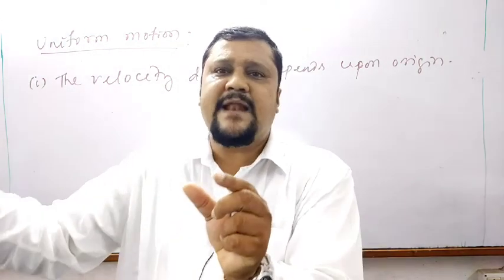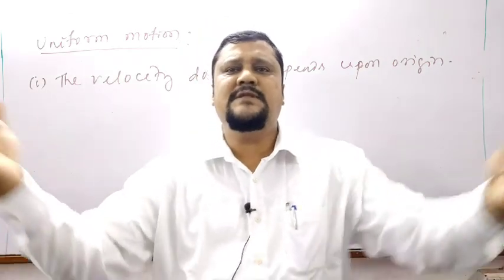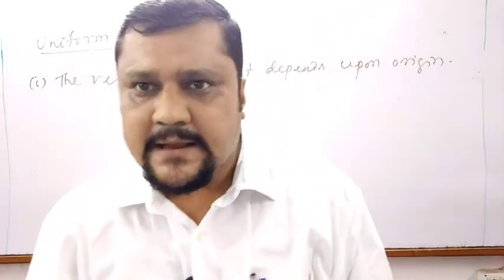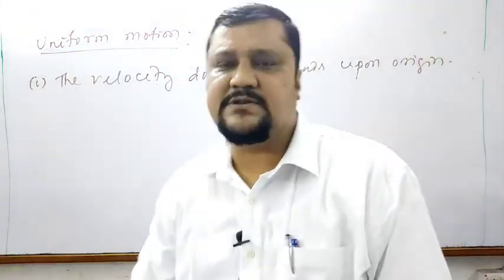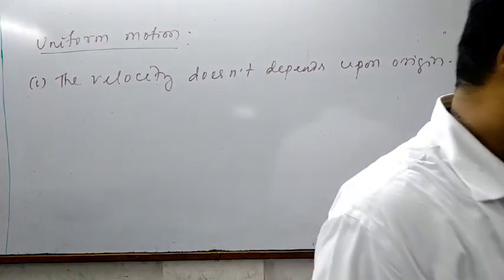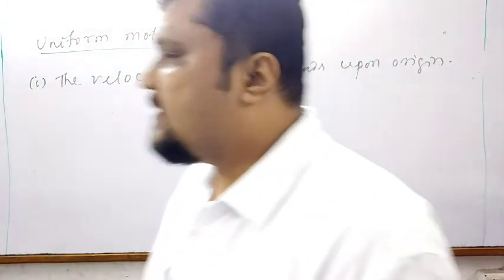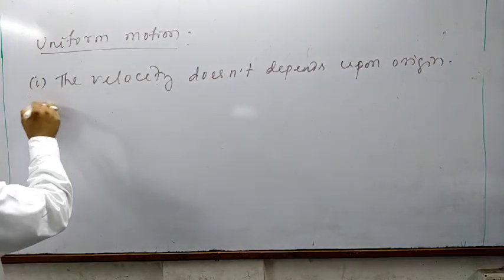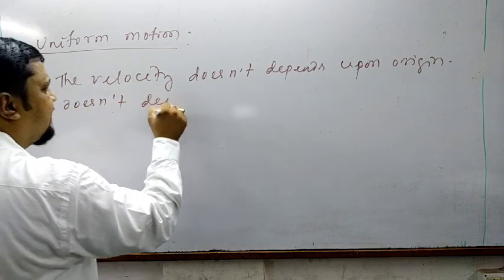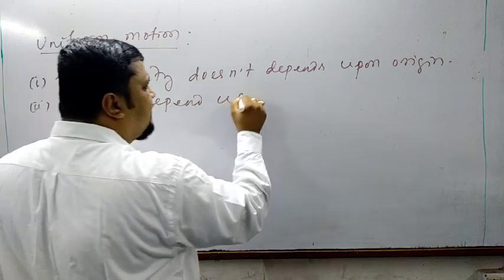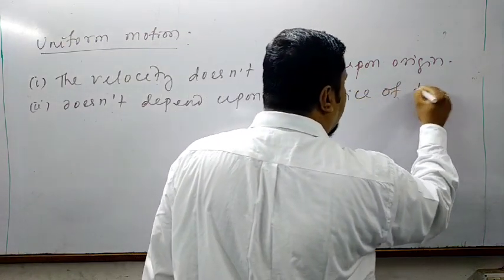So if you take 10 minutes, 2 into 10, 20 meters it will cover. So the velocity is uniform, and the motion is called uniform motion. That means it does not depend upon the choice of time interval.